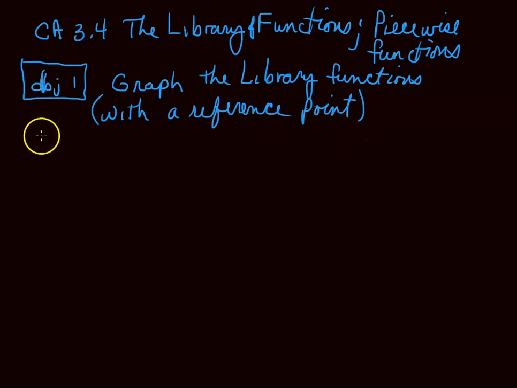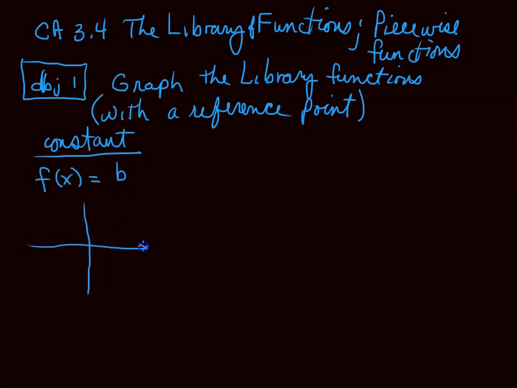So, the first one, the constant function. This is some function f of x equals some constant. Now we're going to say b because that's what it will cross, the y-intercept, b.